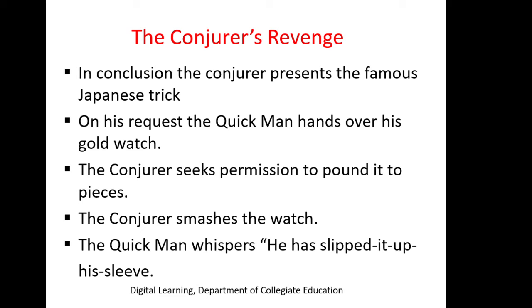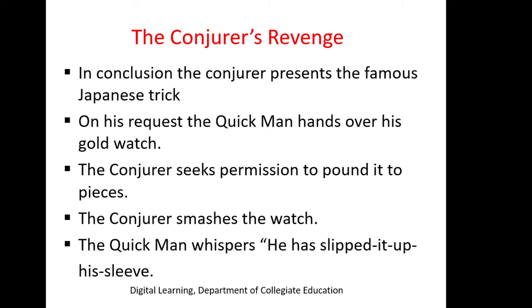So, in order to gain the attention of the audience, the conjurer tells them that he is now going to perform a famous Japanese trick. And he requests the quick man to hand him his gold watch. The gold watch is passed to the conjurer. The conjurer then seeks permission to put it into the mortar and pound it to pieces.